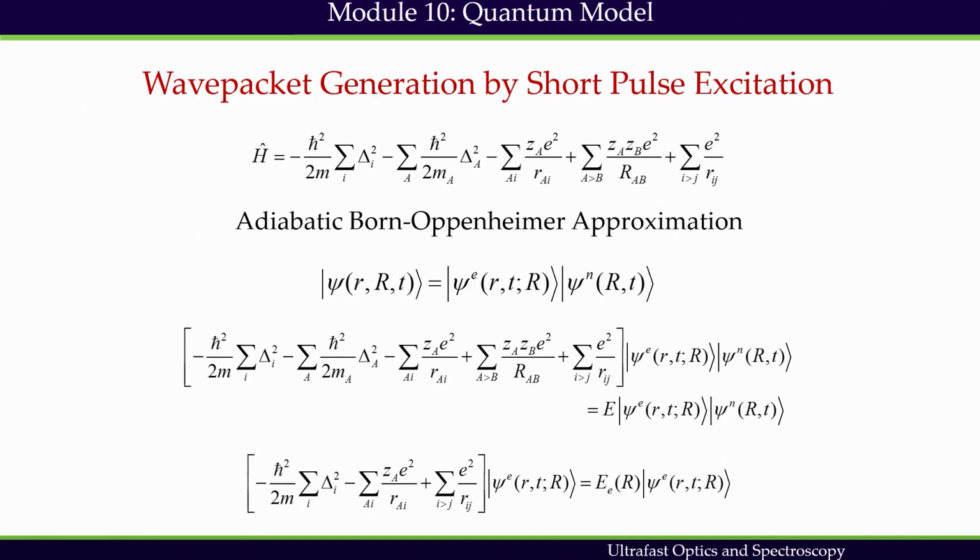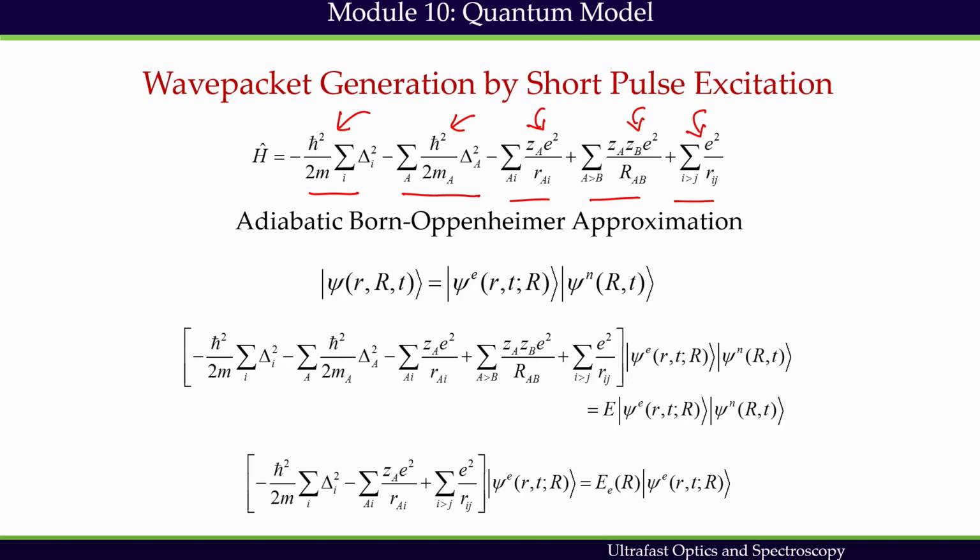The Hamiltonian will be expressed explicitly in terms of nuclear contribution, electronic contribution, all the contributions are included. So here this one is the electronic contribution, this one is the nuclear contribution, this one is the potential coming from the interaction between nuclei and electrons. This one is nuclei, and this one is electron interactions.